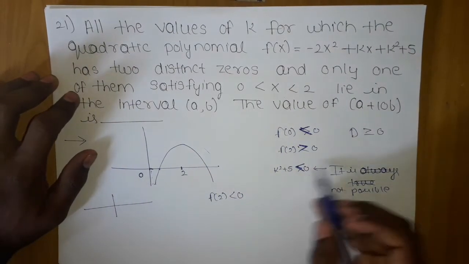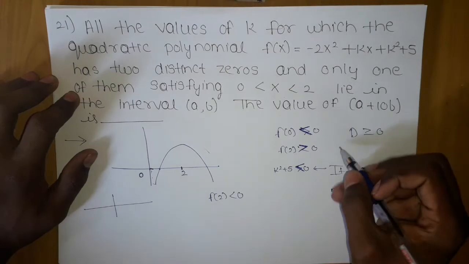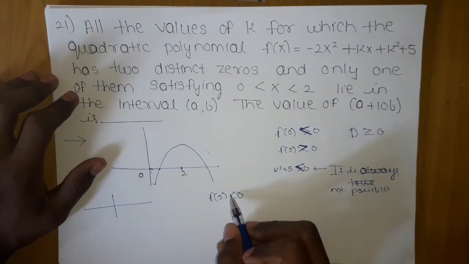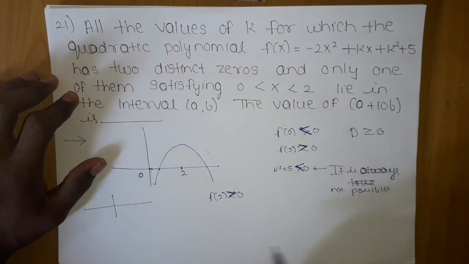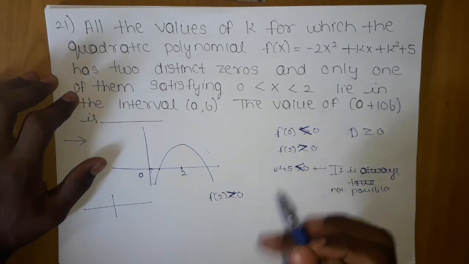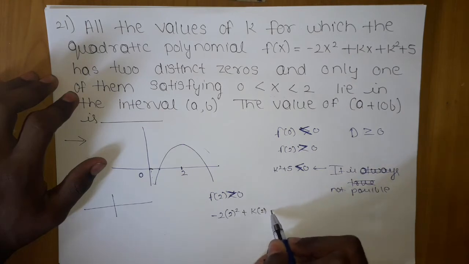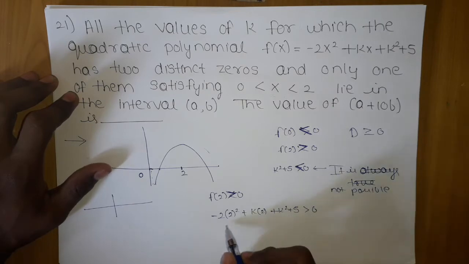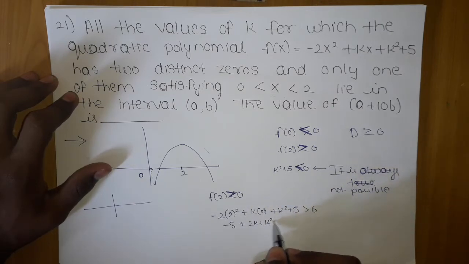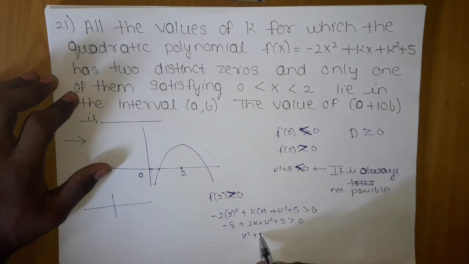Now let's check the other condition, which says f of 2 should be greater than 0. Minus 2 into 2 square plus k into 2, plus k square plus 5 should be greater than 0. Now we are getting minus 8 plus 2k plus k square plus 5 greater than 0, and here we are getting k square plus 2k minus 3 greater than 0.